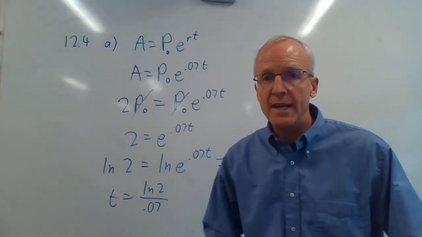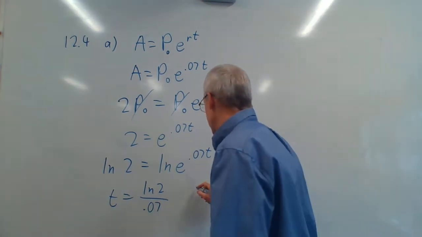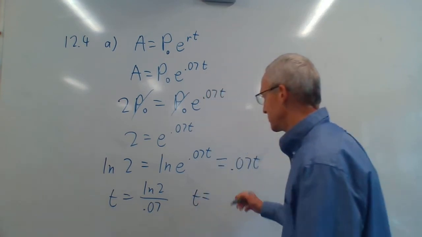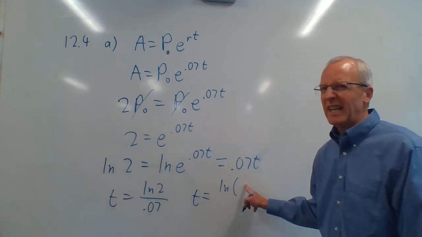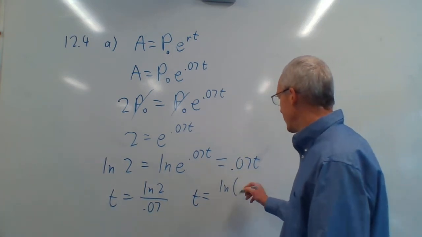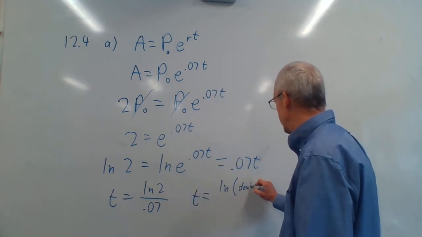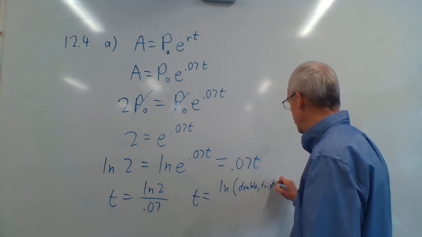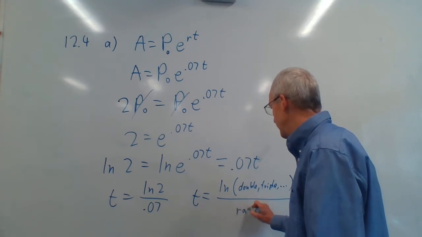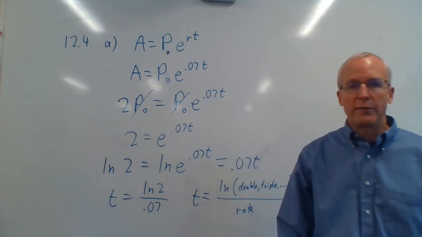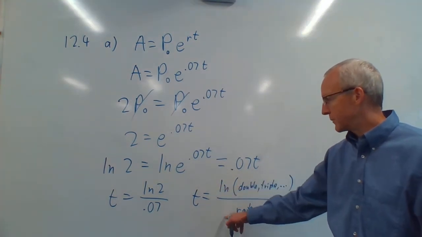If we wanted tripling time, it'd be the natural log of 3 divided by 0.07. So basically our formula is that the time it takes to double, triple, quadruple, whatever, is the natural log of that multiple divided by the rate, 0.07. If we want it in percent, you just multiply by 100: 100 times the natural log of that, divided by the percent.